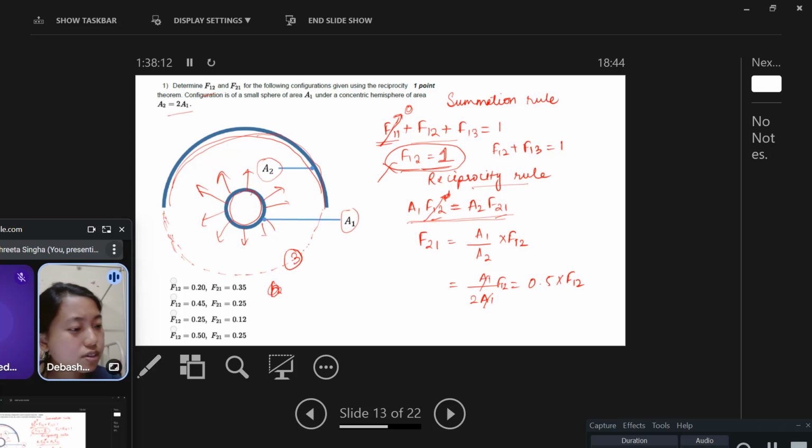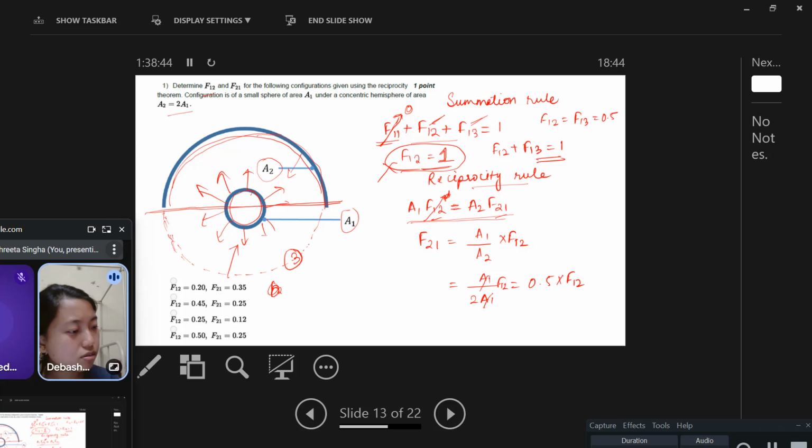Okay, because of this symmetry, there is a symmetry here. This F12 and F31 are the same. F12 and F13 are the same. Why? Because whatever 2 is receiving from 1, 3 is also receiving from 1. So if I write F12 equal to F13, then this becomes 0, and the summation of both is 1, then this becomes 0.5.